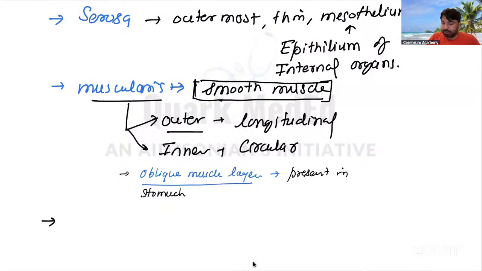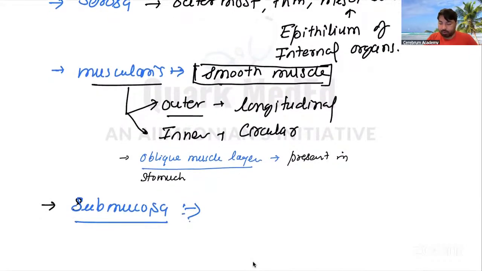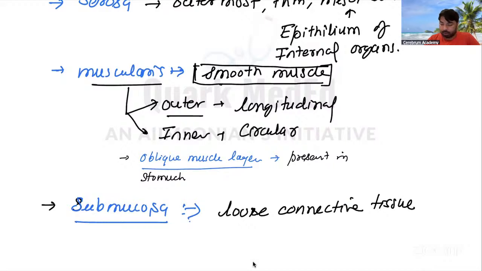Next layer is submucosa. Regarding the submucosa, it is made up of loose connective tissue.